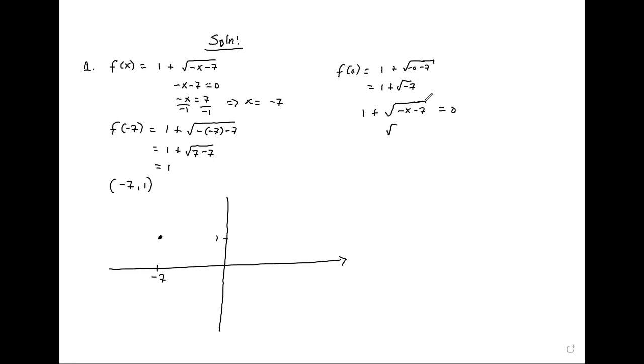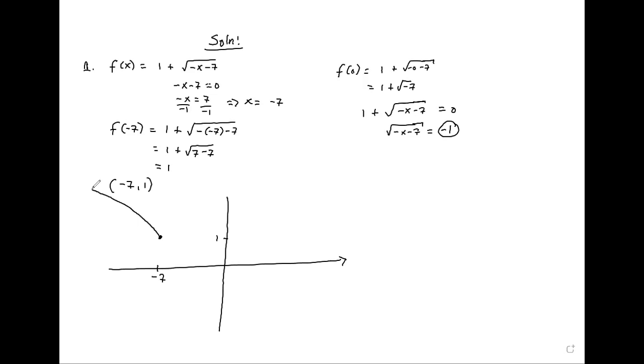Take 1 to the other side. The root is equal to -1, meaning there's no x-intercept because the positive root cannot give us a negative value. So the only option remaining is going up. And that's the family where it falls. At least the mono got this one correct.